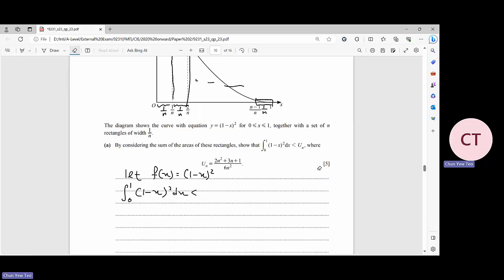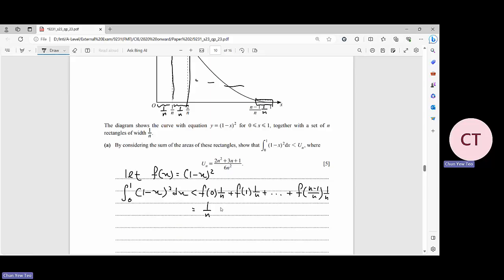So the area of the first rectangle will be f(0) multiplied by 1 over n. Then after that, f(1/n) multiplied by 1 over n, plus until you have f((n-1)/n) multiplied by 1 over n. So you can see that you can factorize the 1 over n out.